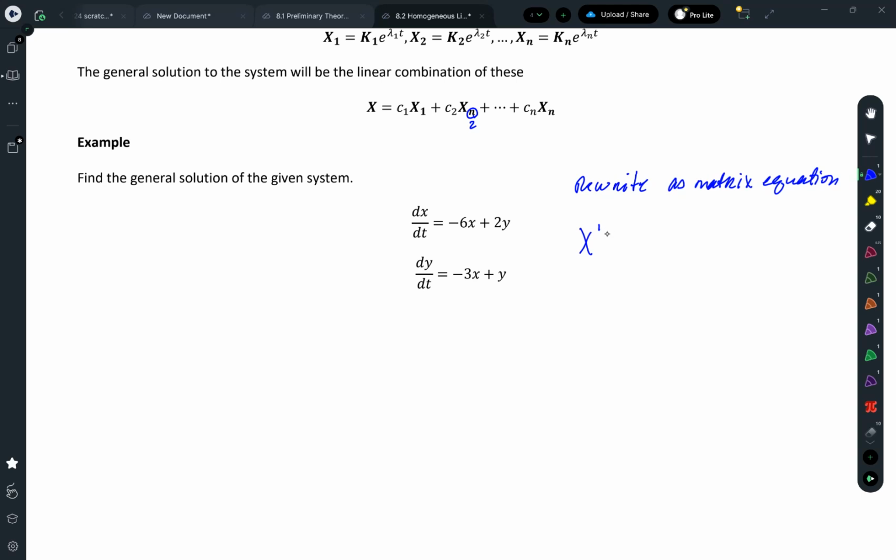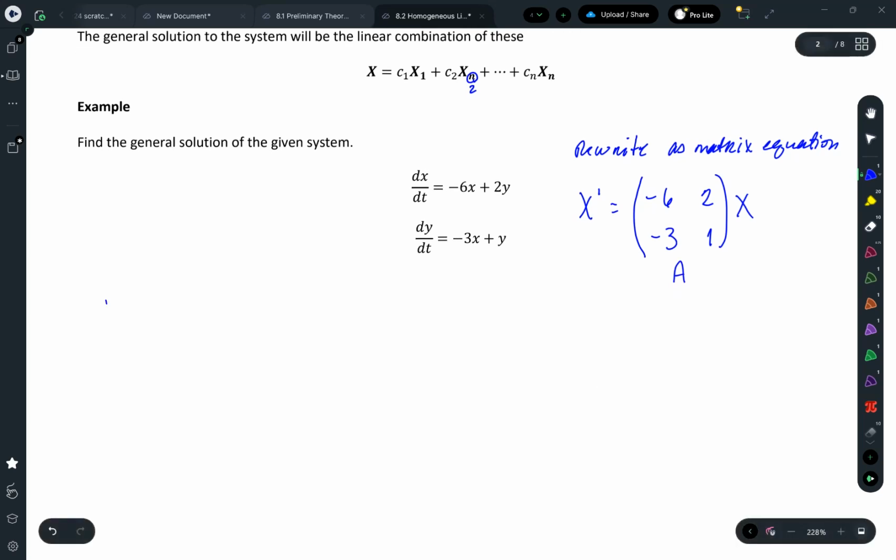So this is x prime on the left, that takes care of dx/dt and dy/dt, is equal to the coefficient matrix. So the coefficients for the x's in the first column are -6 and -3. The coefficients for the y's in the second column are 2 and 1. And then this is times some x vector that has x and y in it. Okay, so this is our A, the -6, 2, -3, 1.